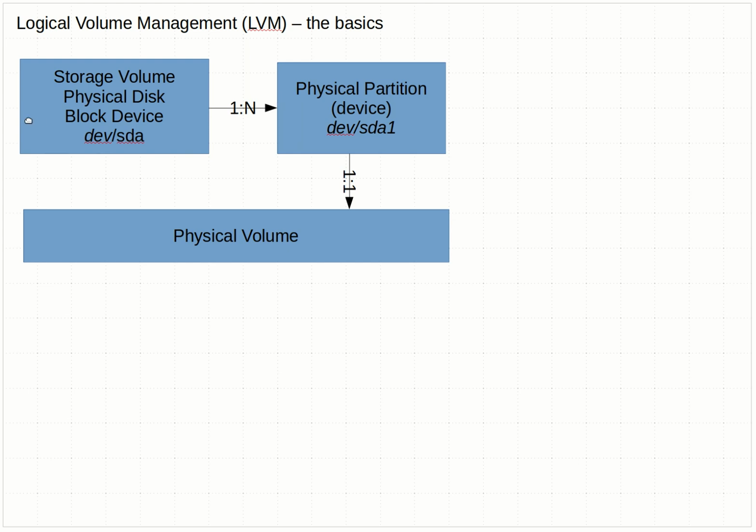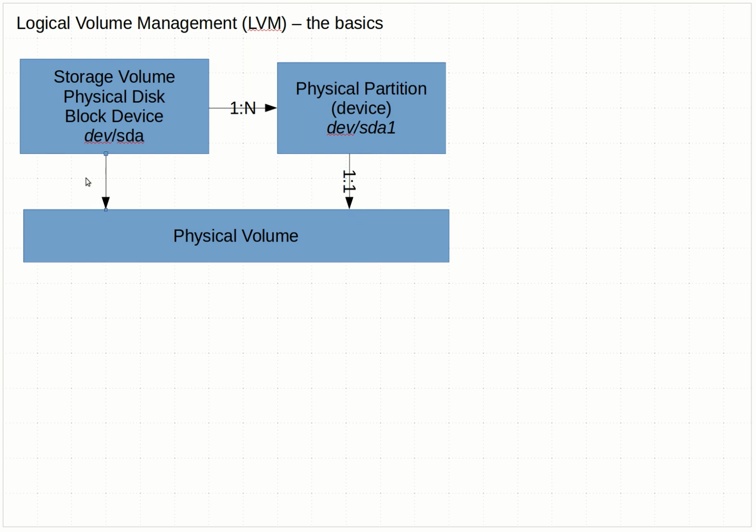Okay, this is not totally the truth, because nowadays with the rise of cloud solutions, it's more and more common to dedicate your full storage volume directly to your physical volume. So you would not go the route of creating a physical partition or partitions and then creating physical volumes.